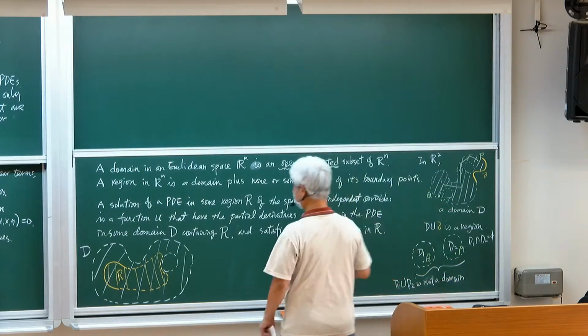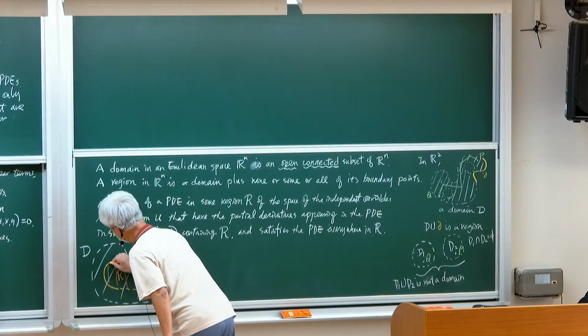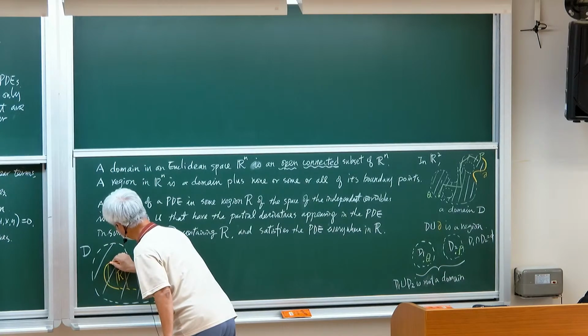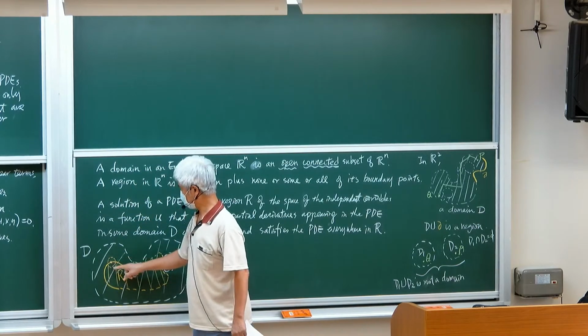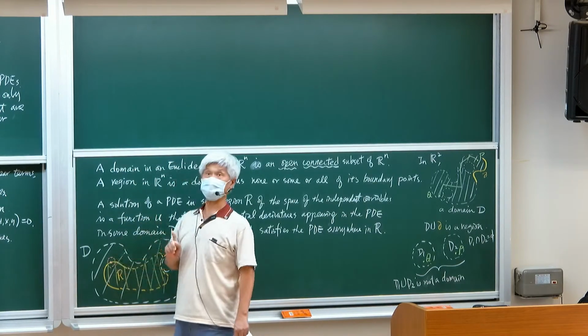A neighborhood of a point on the boundary includes points in the region and outside the region.